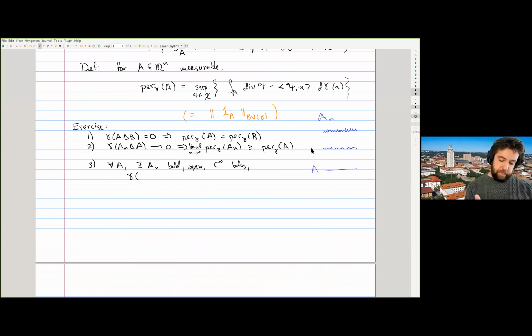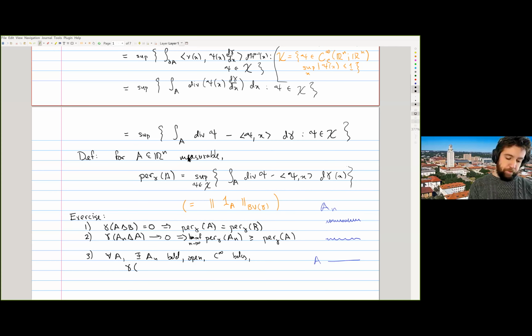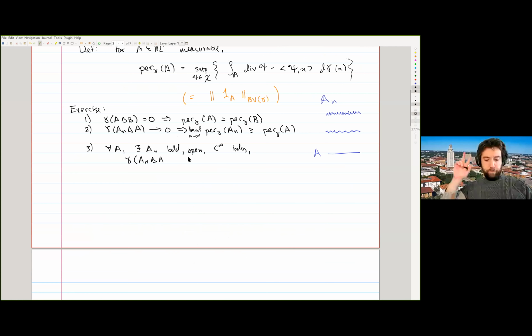Okay, so there exist bounded open C infinity boundary sets which converge to my target set in the sense that the measure of the symmetric difference goes to 0, and the perimeter of these converges to the perimeter of the other one.